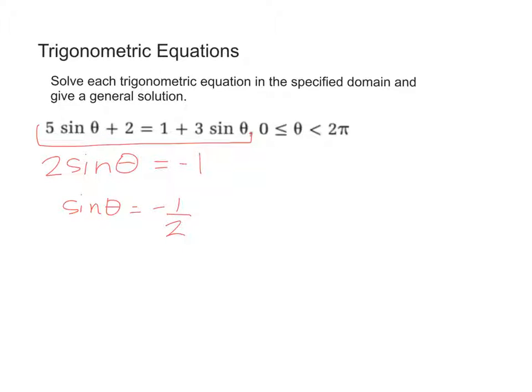Now it's just like what we were looking at before. We need to go to the special triangle to figure out the reference angle for this one. The special triangle that we're going to use is the one that has a 1 and a 2 in it. So this one. And we just need to decide, is the reference angle pi over 3 or is it pi over 6?